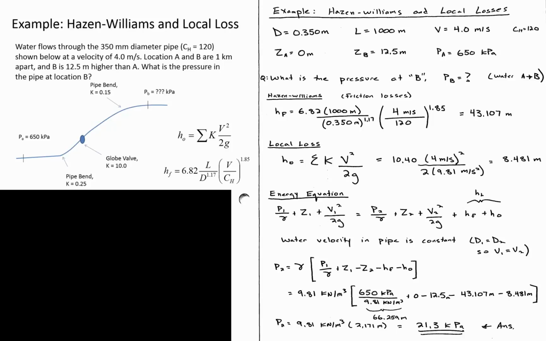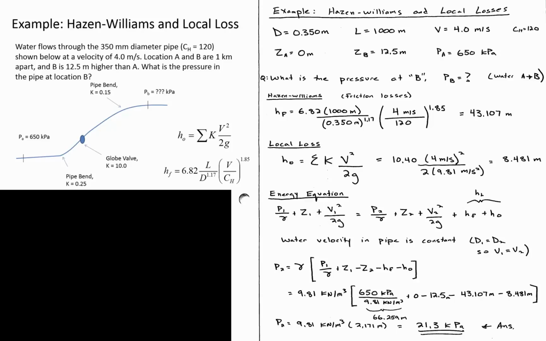So the question is where is the energy going that exists at A? There's 650 kPa, and that's where the energy is coming from that's going to be used up by pipe friction and local losses, and then whatever's left over is what's causing the pressure at B. That's why there's some certain amount of pressure at B. However much pressure there is at B is dictated by what losses there were along the way from A towards B.